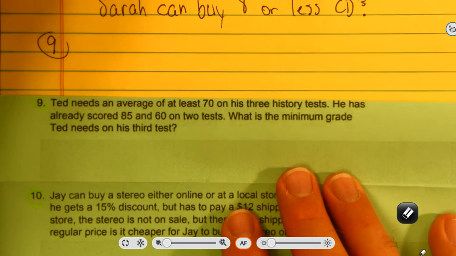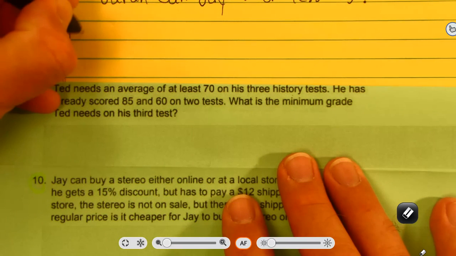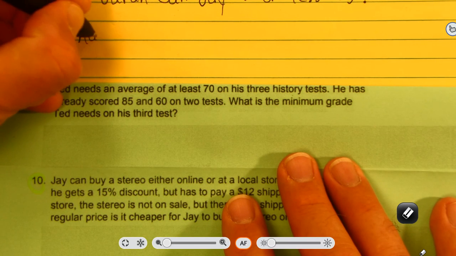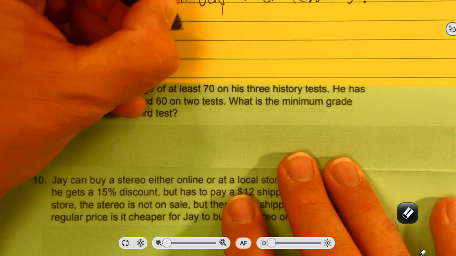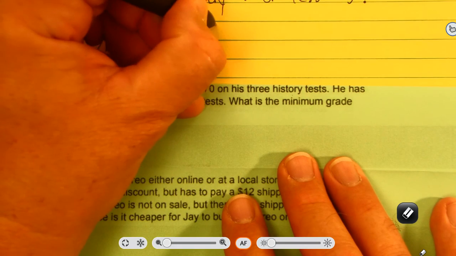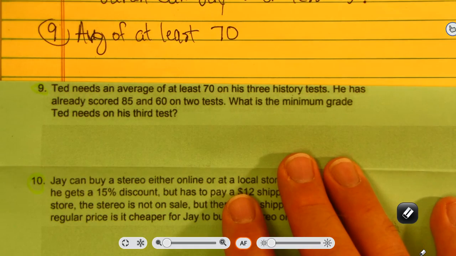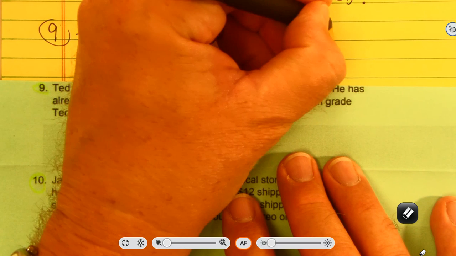He wants to make an average of at least 60. I said 60, I really meant an average of at least 70, which means he wants that grade to be greater than or equal to 70.